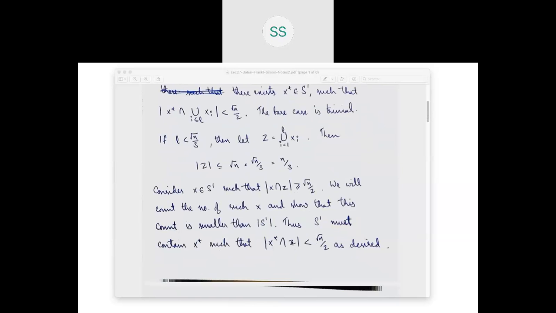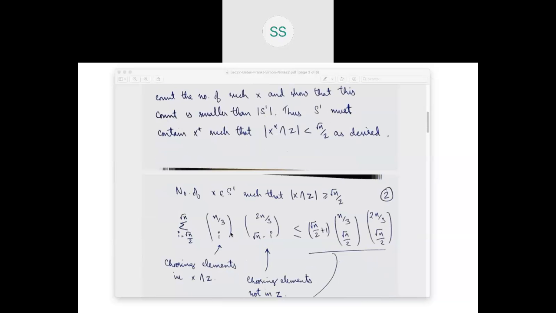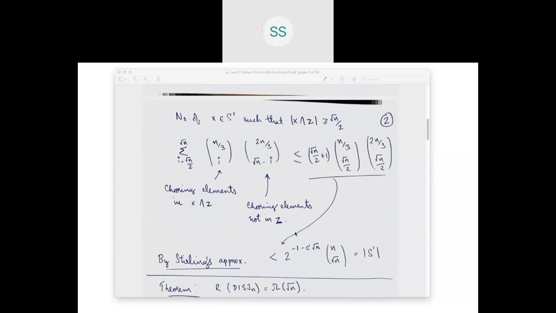We count that, and that turns out to be this sum involving binomial coefficients, and that gives us, by Stirling's approximation, this bound, which is strictly less than the size of S prime.